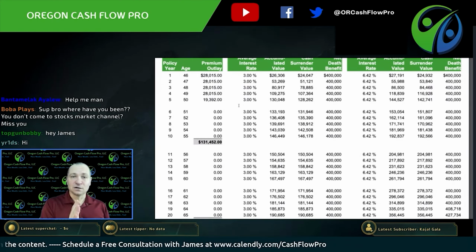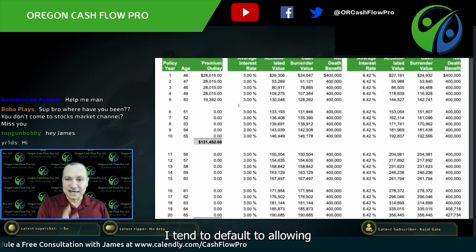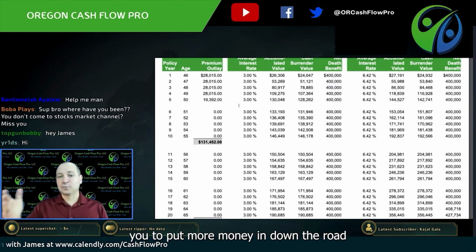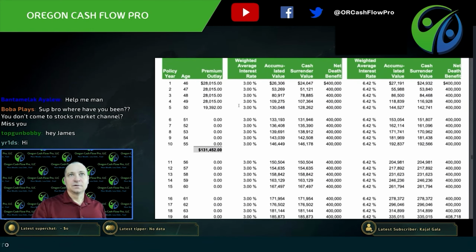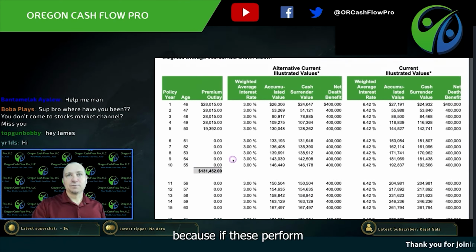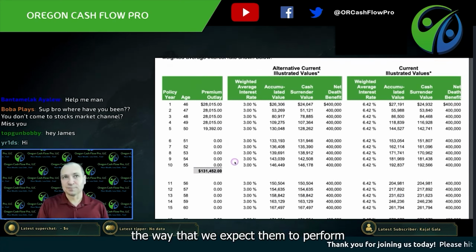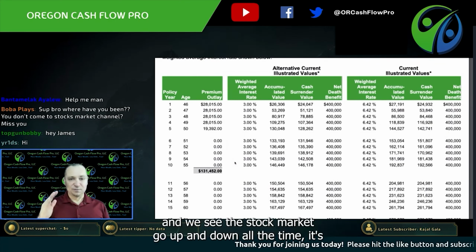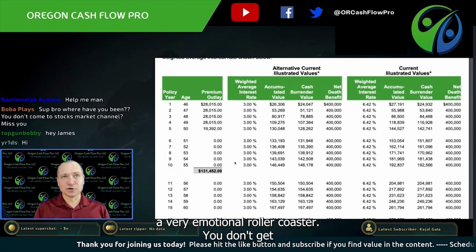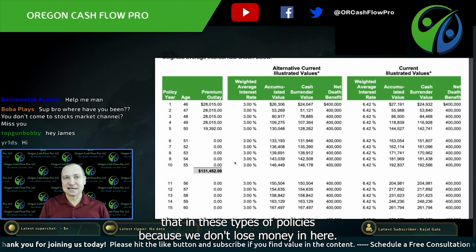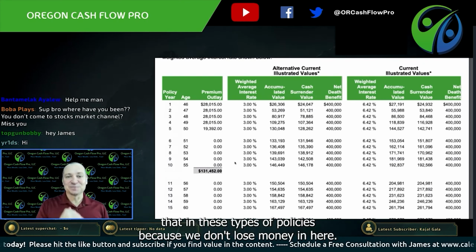And if you're young, I tend to default to allowing you to put more money in down the road. Because if these perform the way that we expect them to perform, and we see the stock market go up and down all the time, it's a very emotional roller coaster. You don't get that in these types of policies because we don't lose money in here.